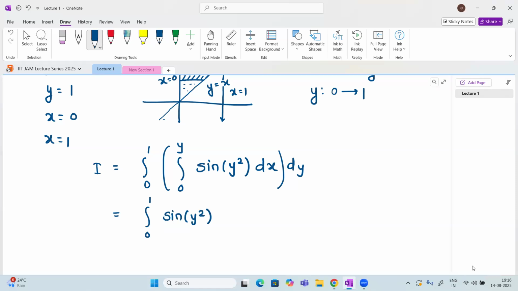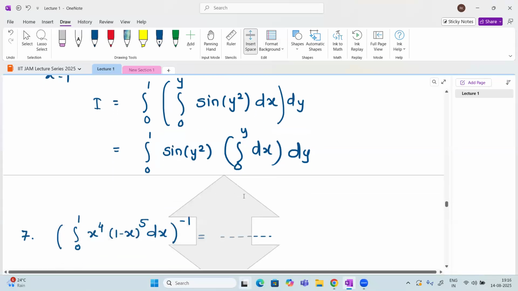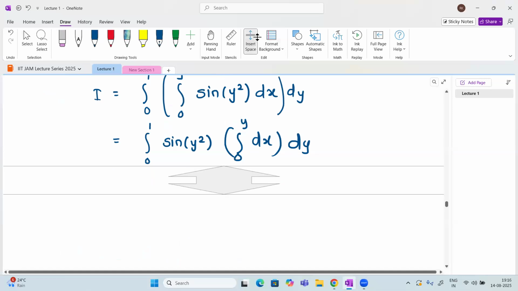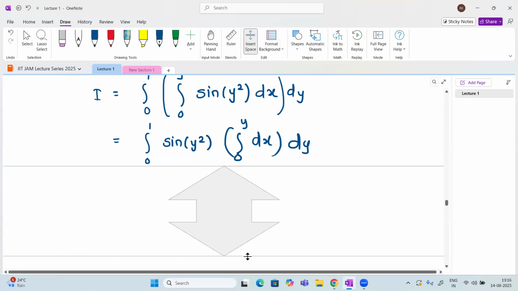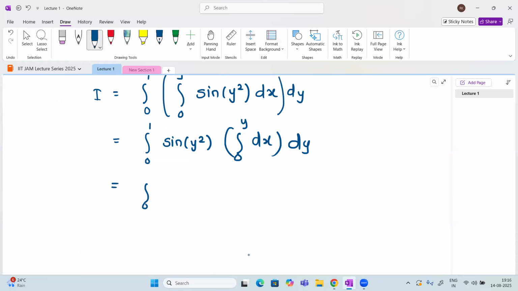Yes, sir. Its constant will come outside, 0 to y dx dy. Integration of dx? X. And if you put upper and lower limits? Y. Shall I write directly? 0 to 1 y sine y square.